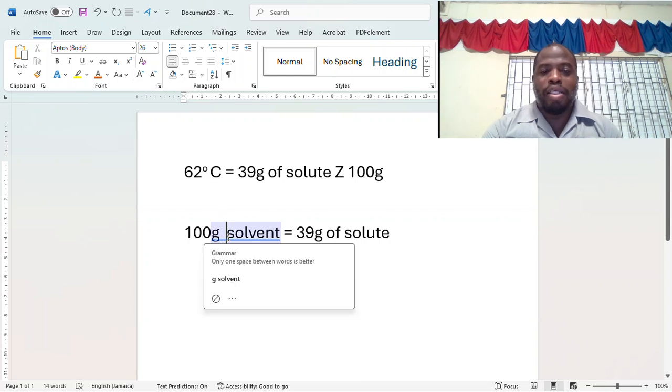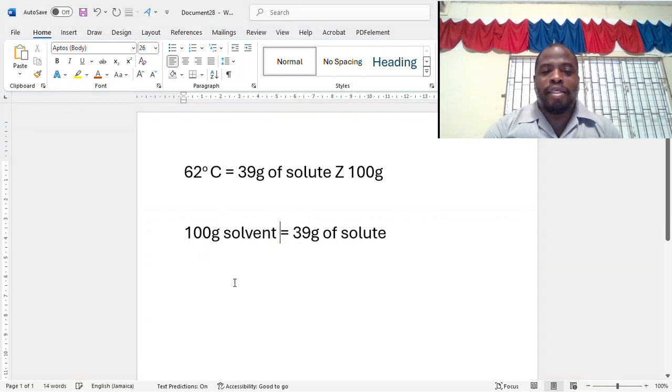So the question is, we want to find how much solvent is needed for 45 grams.